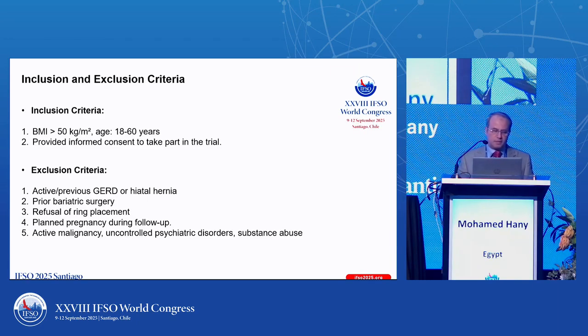We included patients with BMI above 50 kilograms per meter squared who provided informed consent. We excluded patients with active or previous GERD or hiatal hernia, prior bariatric surgery, refusal of ring placement, planned pregnancy during follow-up, active malignancy, uncontrolled psychiatric disorders and substance abuse.